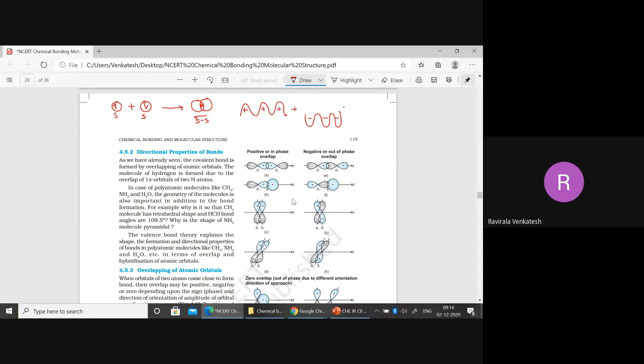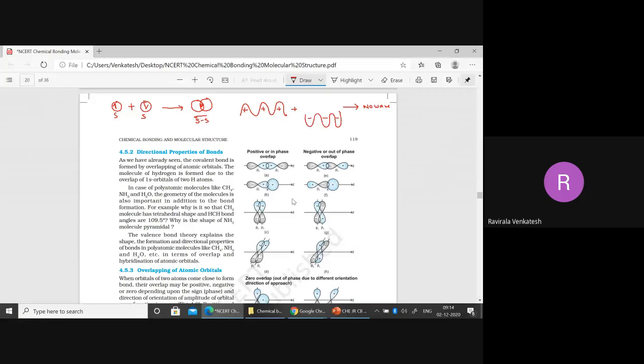When they meet each other, both will be cancelled. No wave is produced. So if plus and minus interact, both are cancelled and we get no wave.